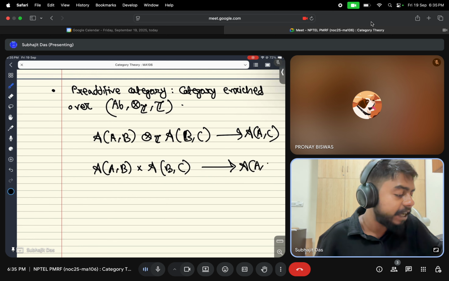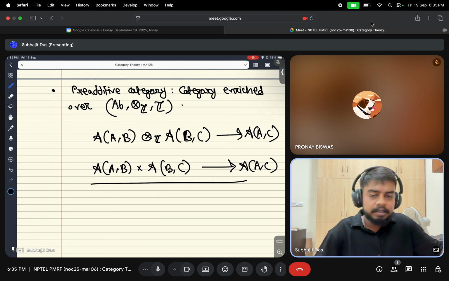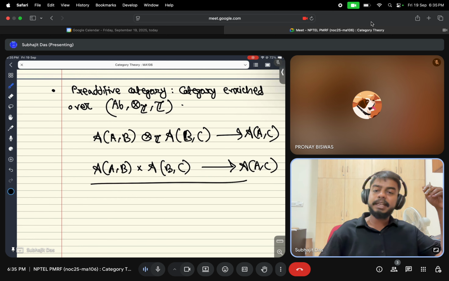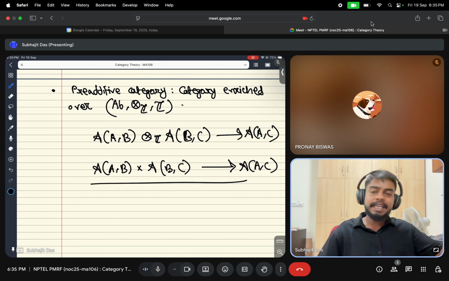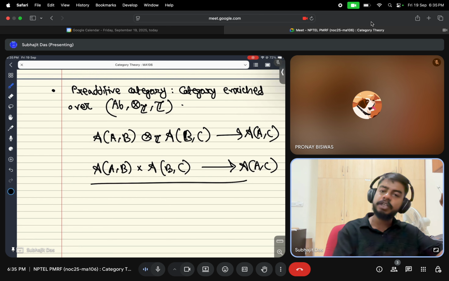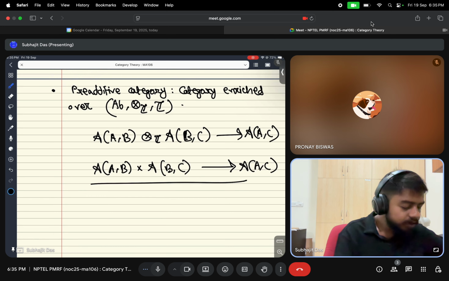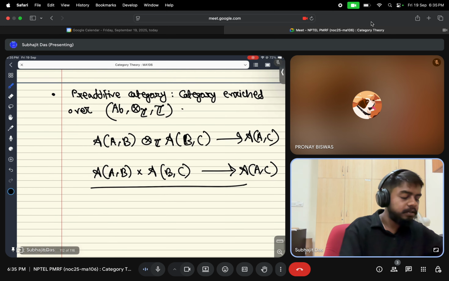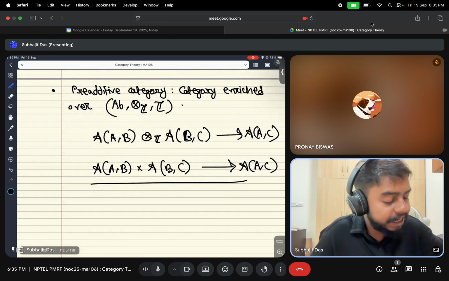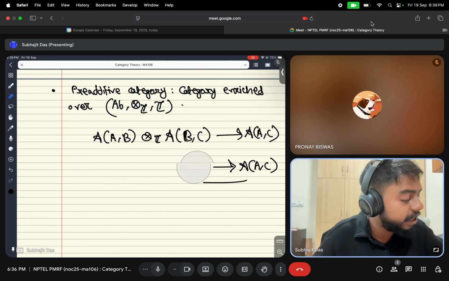So why are we actually coming to this thing, coming to cross? Essentially because what we want is to think of a preadditive category also as a category. So it has all the data of a category, but in addition, first of all, each Hom set is not just a set, it's an abelian group. Secondly, composition should be bilinear in both variables. So that is what the definition of a preadditive category is.